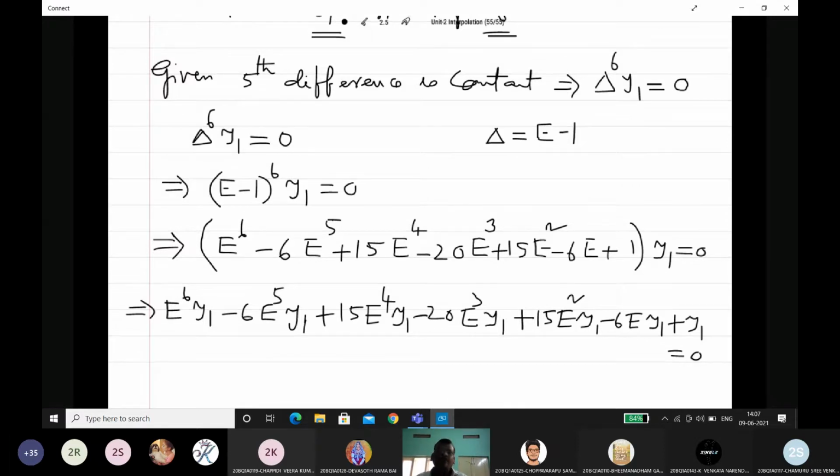Now we have to apply the formulas related to E⁶ of y1. E⁶ of y1 is equal to, anyone? This one plus 1, y7.